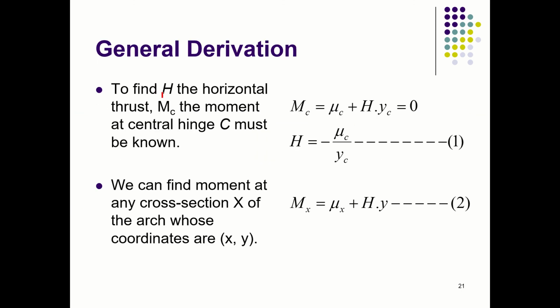Now to find horizontal thrust H, the moment at central hinge MC must be known, and we know that it is 0. So the formula for MC is equal to mu C plus H into YC is equal to 0.